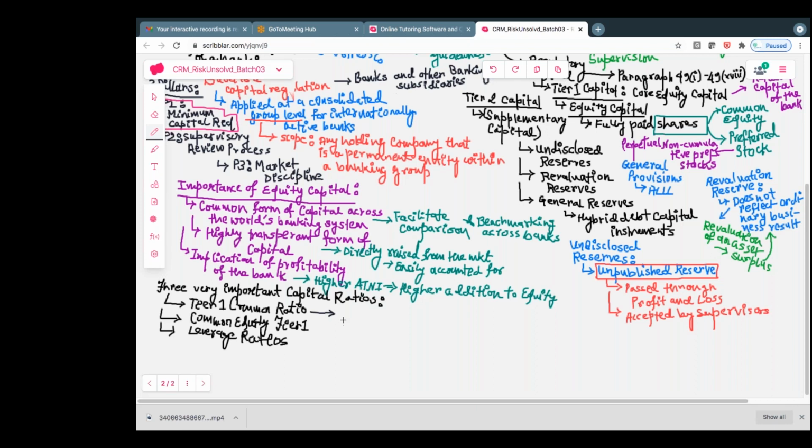Basically what it tries to see is, out of the total equity that the bank has, how much of it is composed of common equity, because common equity, as we know, gives ownership or entitlement of ownership to the shareholder. So it is very important that this common ratio is identified, because it is a measure of the core equity of the bank.